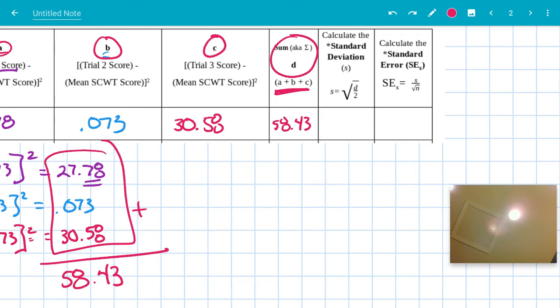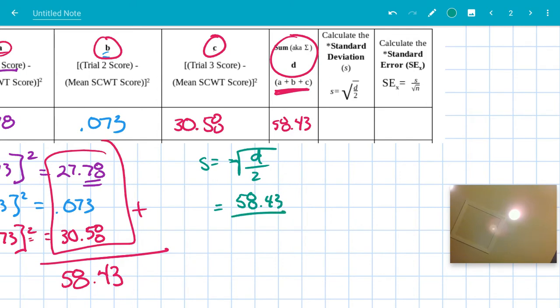So let's try calculating the standard deviation here. So for that, standard deviation, maybe I'll switch colors one more time. Let's do green. S is the square root of D over 2 for our experiment. So we said that D was, trying to look at my notes to make sure I write it down correctly, D was 58.43.